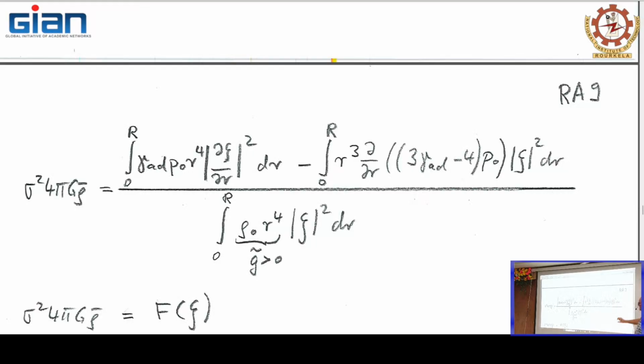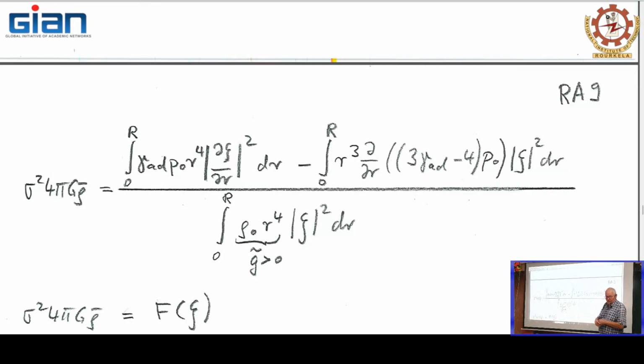Well, the right-hand side is a so-called functional depending on a function zeta. So sigma squared may be expressed as a functional capital F, whose integrals depend, apart of course from the stellar model, which enters here through P naught, rho naught, and gamma adiabatic.